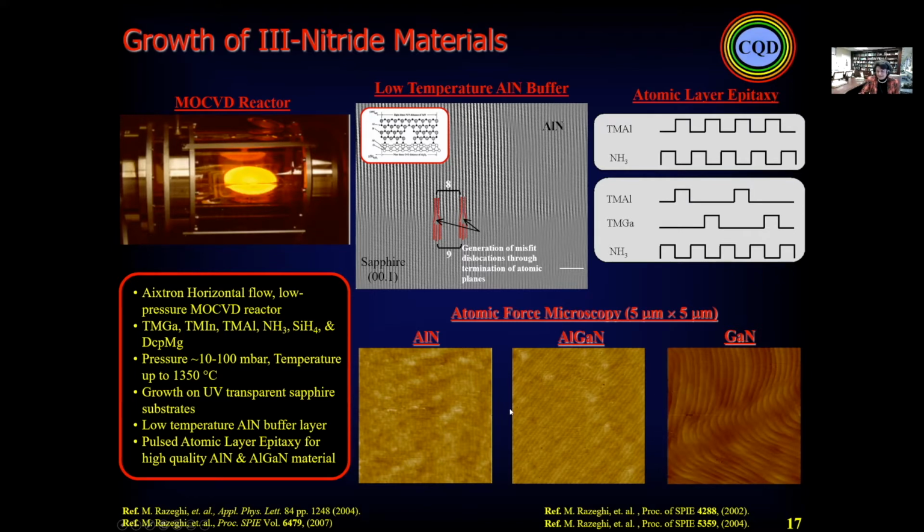And you can see that the atomic force microscope shows that really I can have perfect material. That was done at Northwestern by Professor Dravid, and I love this result so much that I put it on the cover of one of my books for the nitrides. That is the perfection.